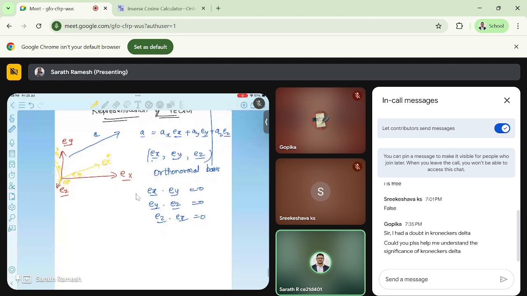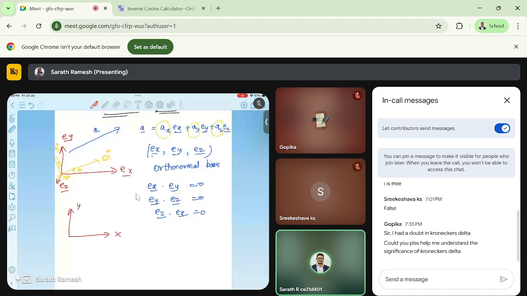In this xyz, let's take xy alone. I have a vector like this. Say this is 2, this is 3. So this is 2i plus 3j, right? This is what we have studied. Here we will write this as 2Ex plus 3Ey. Now what will happen if I change this coordinate system?